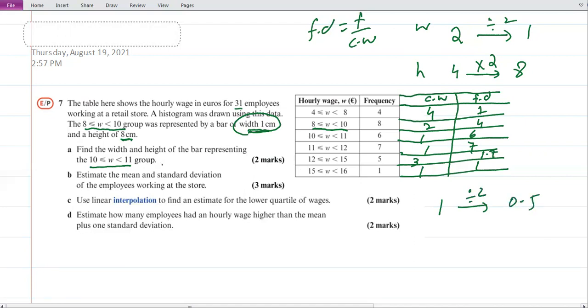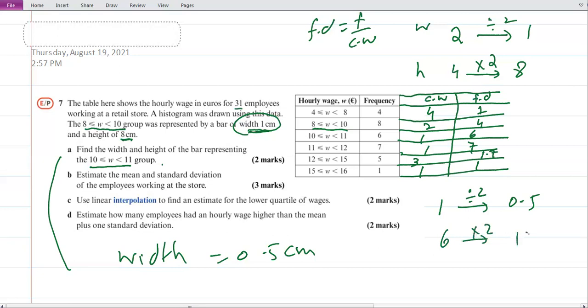It means the width for this one will be 0.5 centimeter. And now for this group, what is the height? The height for the 10 to 11 group is 6. Now 6 multiplied by 2 becomes 12. It means the height for this group will be 12 centimeter.